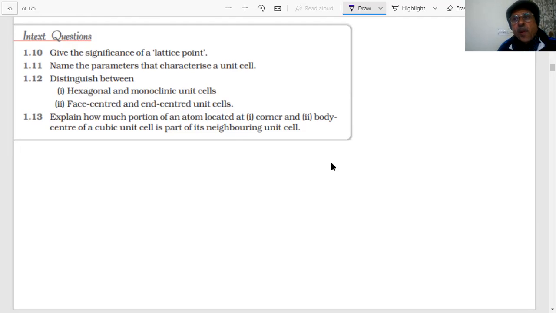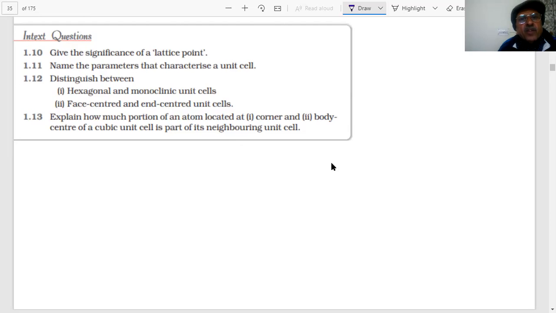Each lattice point represents one constituent particle of a crystal lattice. Lattice points are joined by straight lines to give the geometry of the lattice.